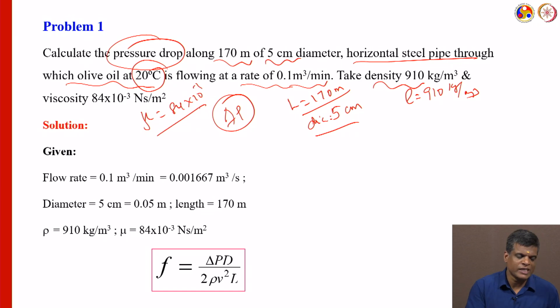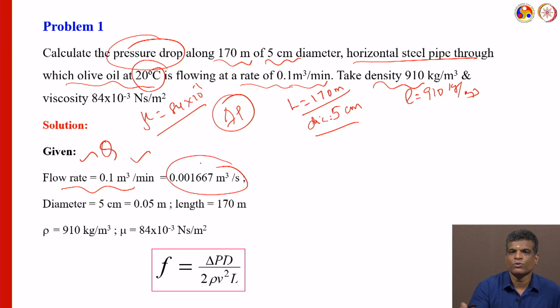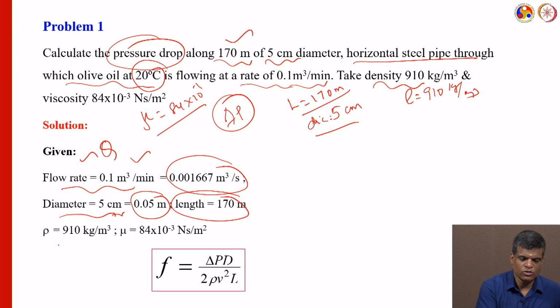So, what is given in the problem? The flow rate Q is a volumetric flow rate, not a mass flow rate: 0.1 meter cube per minute. Of course, we convert it to seconds, because we always have to use SI units here. The diameter is 5 centimeters, that is 0.05 meter. The length is 170 meters, already given in the problem.